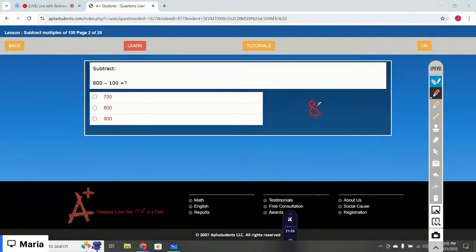So let's just write them down one above the other and subtract. 0 take away 0 is 0, 0 take away 0 is 0. 8 minus 1 is 7. So the correct option is 700.